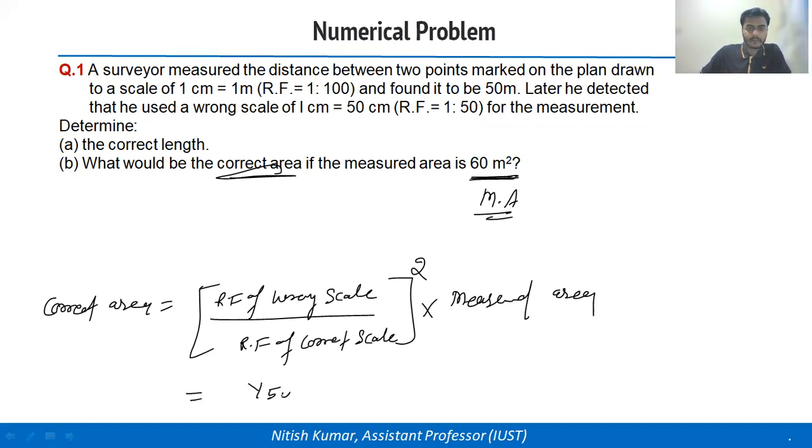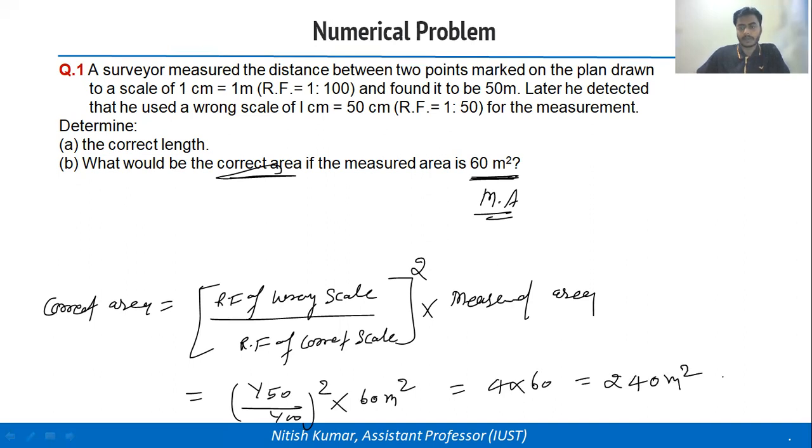So 1 by 50 divided by 1 by 100, square, into measured area, given 60 meters square. So 4 into 60 is equal to 240 meters square. This is the answer. Okay.